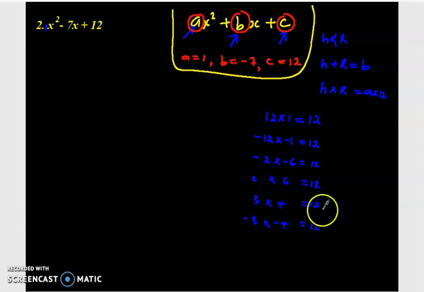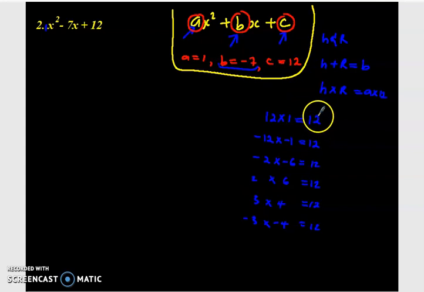So you need to find two numbers that when you add those two numbers, you would get b, in other words b is -7, and when you multiply those two numbers, you would get the product of 12, or the product of a times c, 1 times 12.